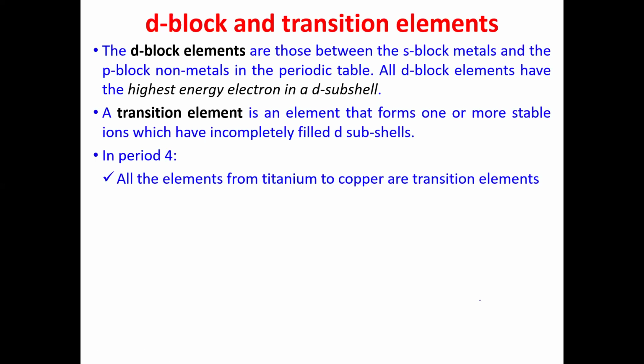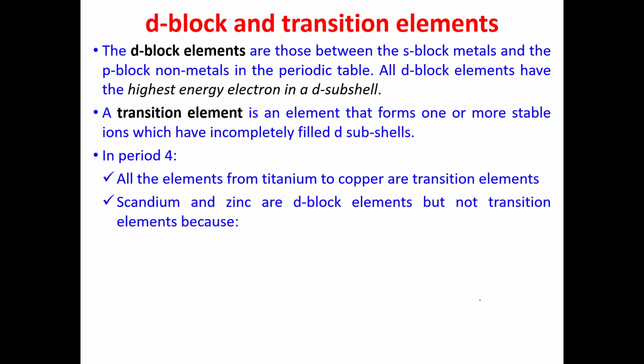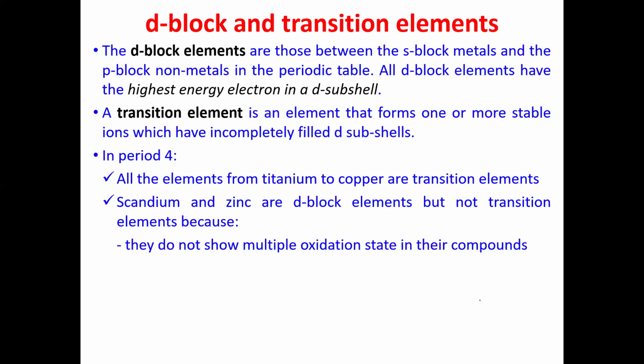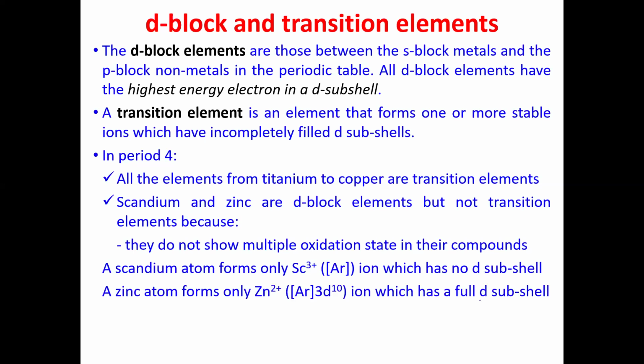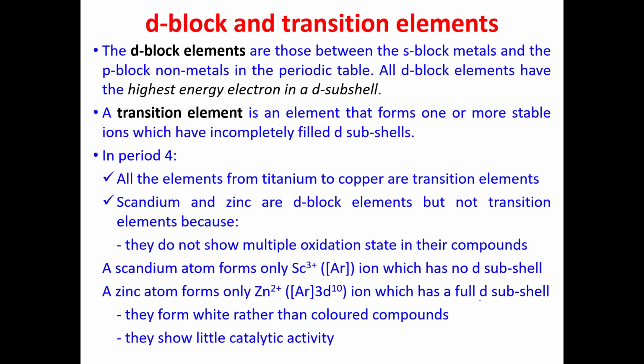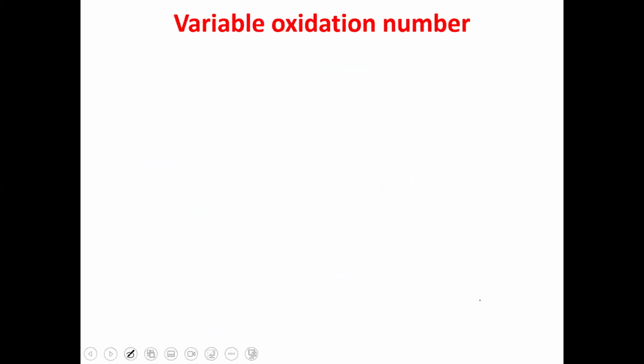All the elements from titanium to copper, and we deliberately exclude zinc and scandium because they do not show multiple oxidation state, and scandium atom forms only scandium 3 ion which has no d subshell. Look at this. And zinc also has the same problem. So we exclude them, but other compounds, they follow this. Now, they do not make colored compounds.